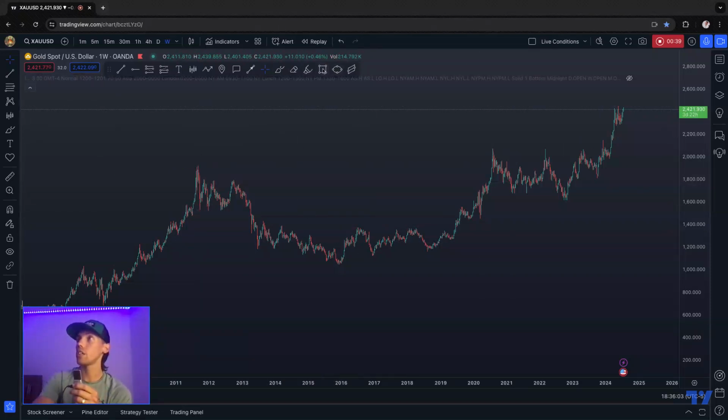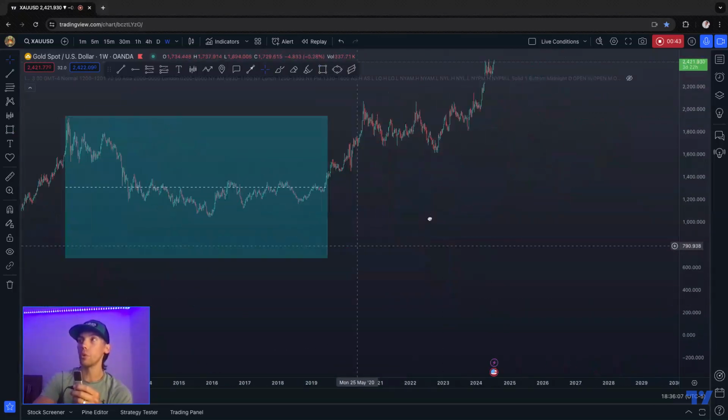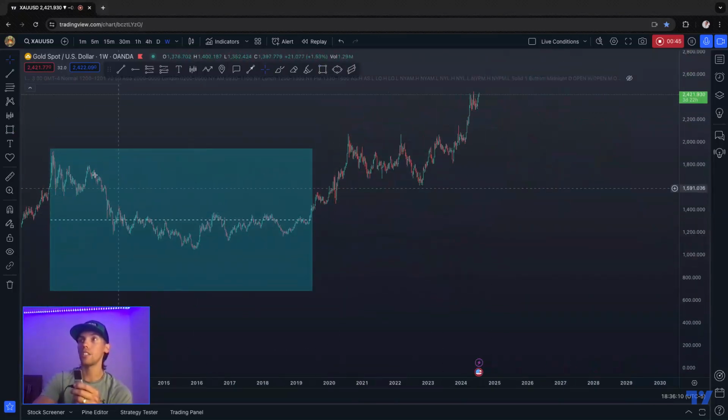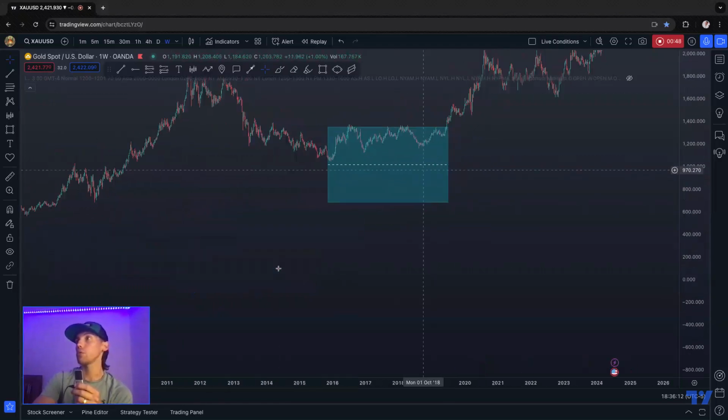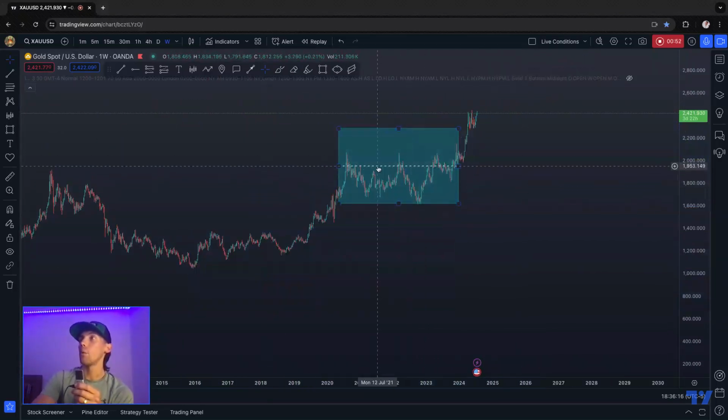First things first, this older price over in this area, pretty much null and void. I'm not going to be paying attention to that. I'm going to be more so paying attention to price in this area. Why?